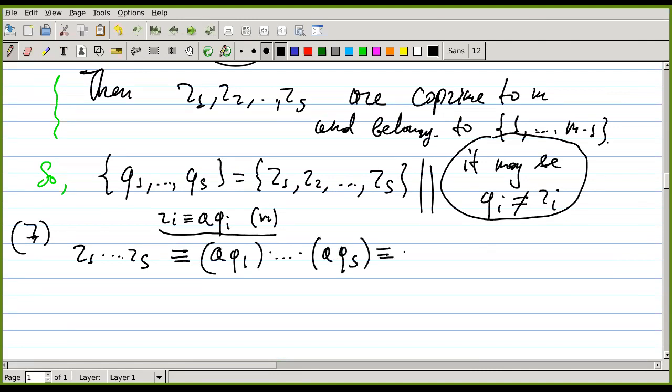Or regrouping, we have A to the power S multiplied by the product of all Q's. But we know that Q's and R's are the same numbers. So the product of all Q's is just the product of all R's, only the order differs. Is it clear?